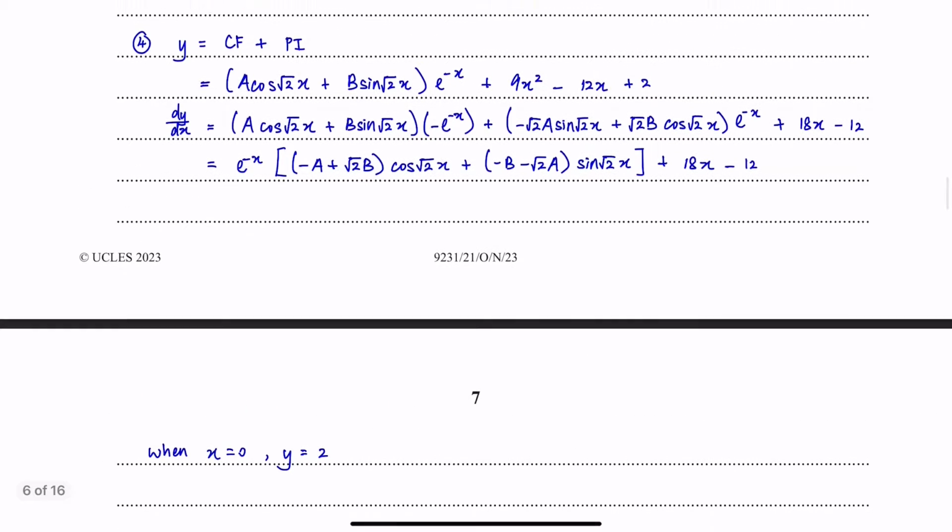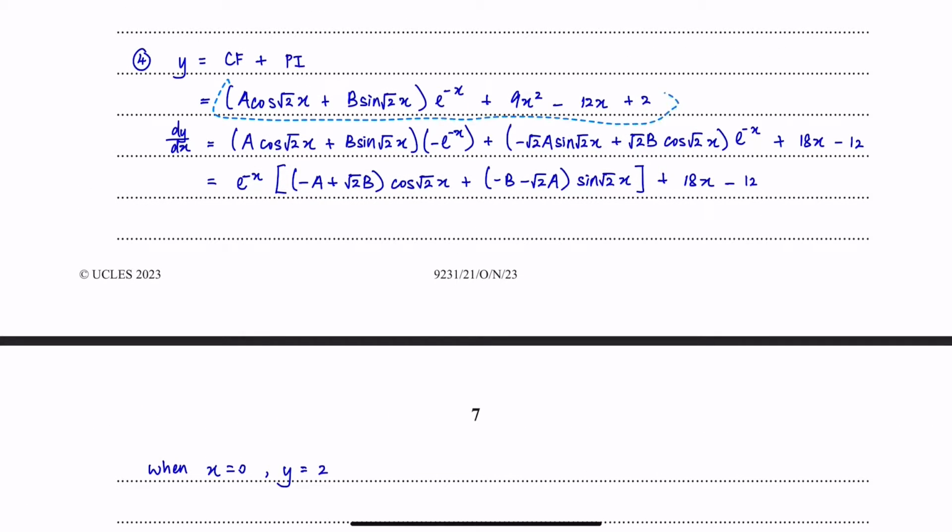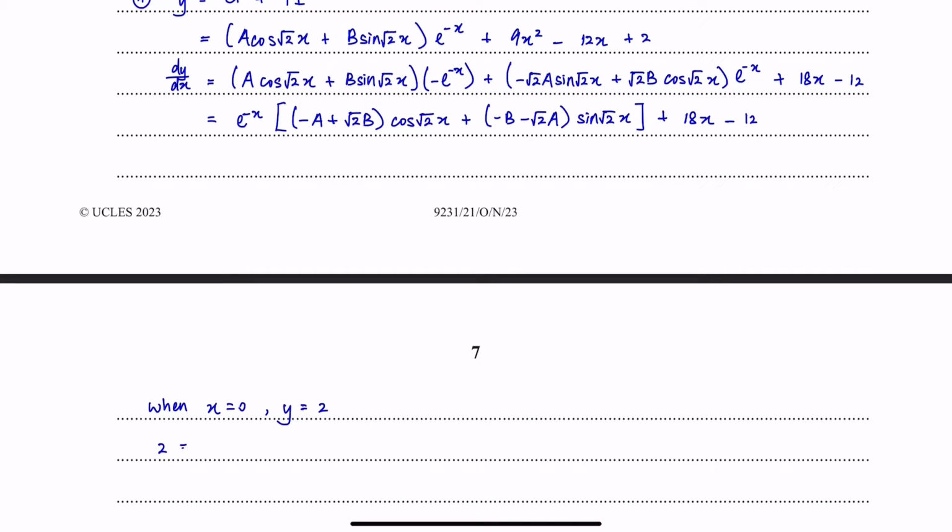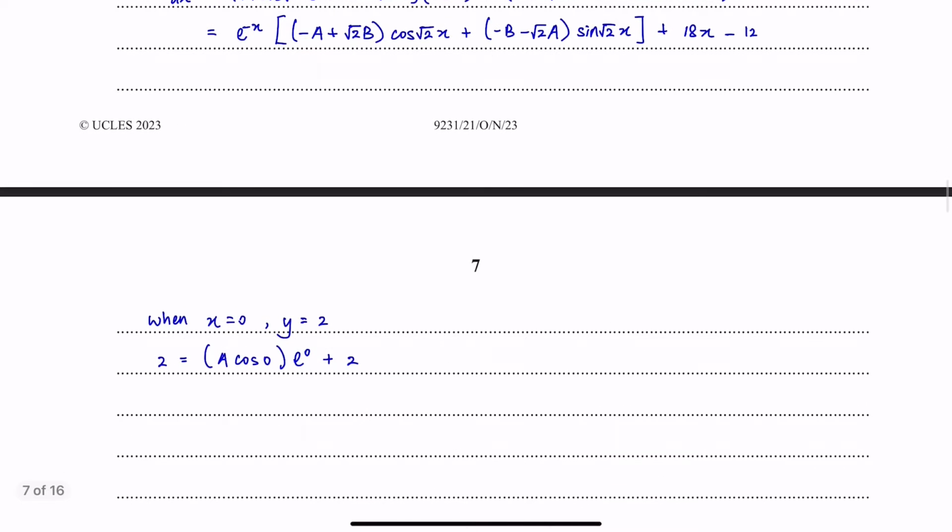When x equals 0, y equals 2, and from this equation, we can get 2 equals a cos 0, and sin 0 is 0, so we don't have to care about that, times e to the 0, and 9x squared minus 12x will be 0, so we just write plus 2. So a will be 0.